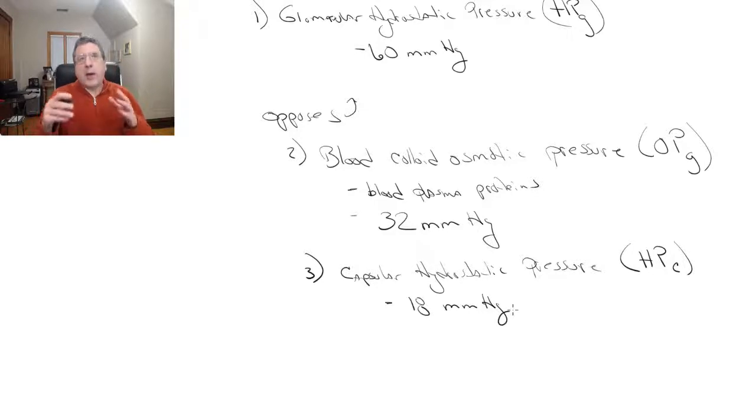Now the capsular pressure comes from the other fluid that already is in the capsule. So we've had filtrate coming out. That filtrate builds up prior to going into the proximal convoluted tubule. So you've got that resistance it's pushing against. So that capsular pressure is resisting or opposing the hydrostatic pressure from the glomerulus.